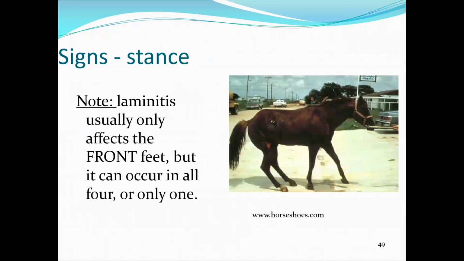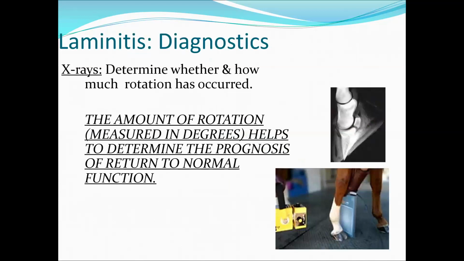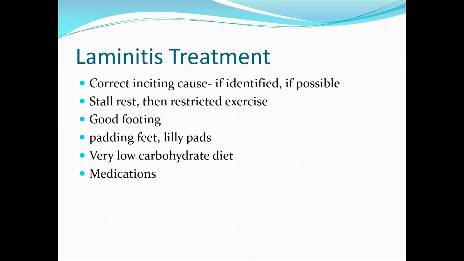Most of the time, this is occurring in the front feet. I have had several cases of IR and Cushing's horses that will founder in all 4 feet because that is a systemic disease causing damage in all feet at once. All right, those are our x-rays looking for how bad the damage is.